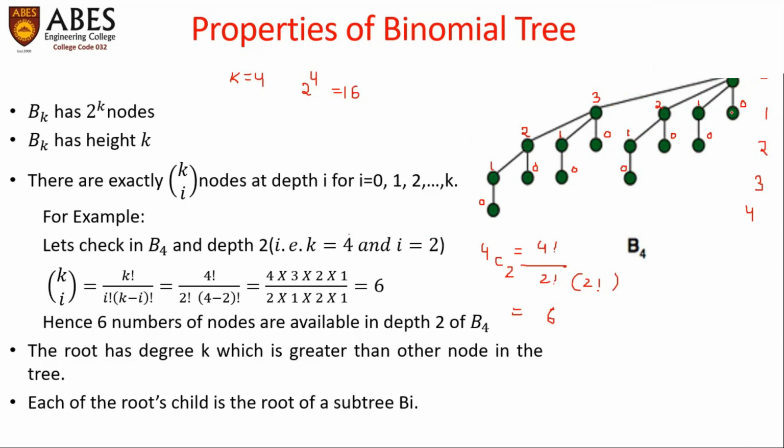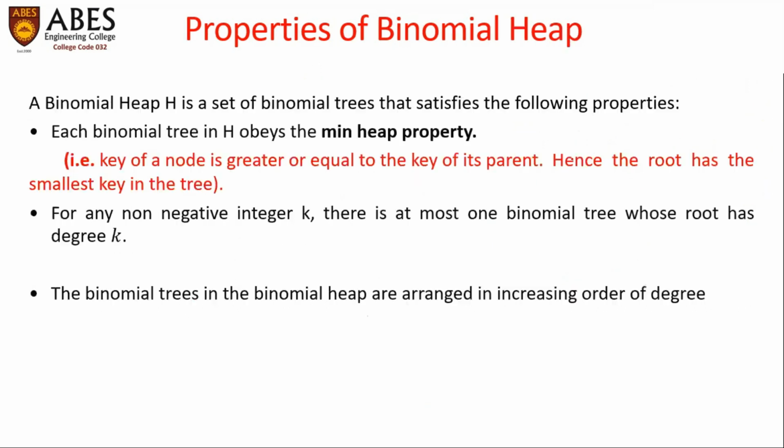Yes, so all the properties of the binomial tree are fulfilled. So we can say, yes, this is the resulting binomial tree. This binomial tree is correct. Each of the root's children is the root of a subtree Bi. It means that all the child binomial trees are in the order Bk minus 1, Bk minus 2, and so on till B0. So all the properties are fulfilled for this particular binomial tree.